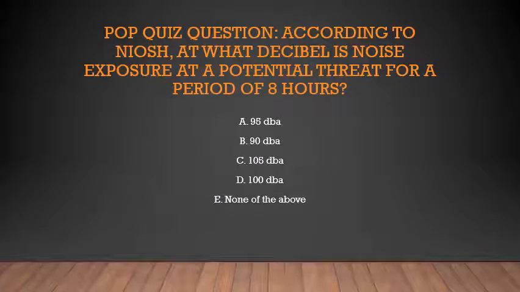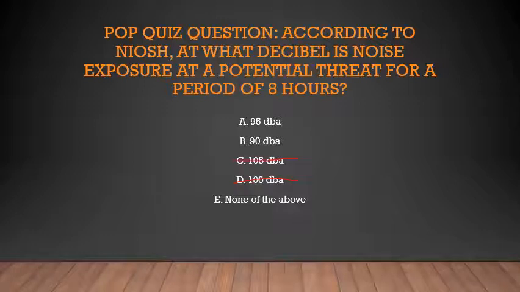I would like to throw in a little pop quiz question. According to NIOSH, the National Institute for Occupational Safety and Health, at what decibel is noise exposure a potential threat for a period of 8 hours? I'll give you a few seconds to determine what your answer is. Well, you can first determine it's not 100 nor 105.